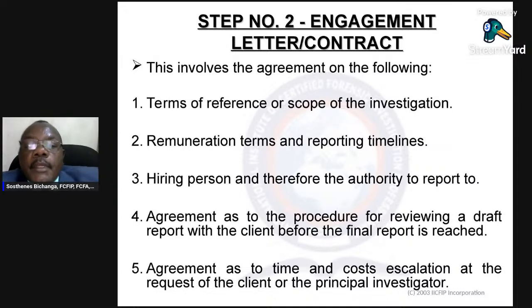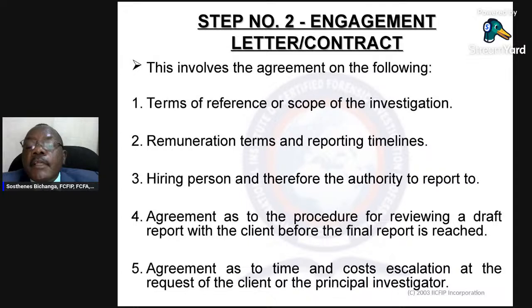Let us now come back to look at the significance of having the scope of the investigation clearly stated in the engagement letter.